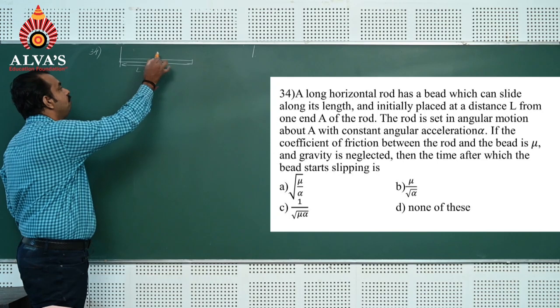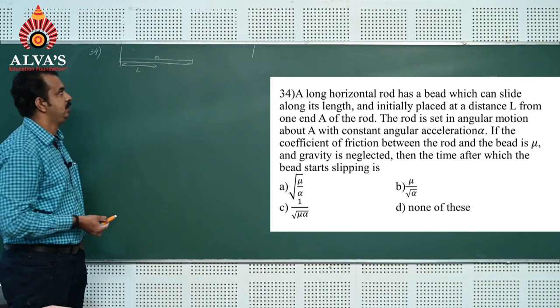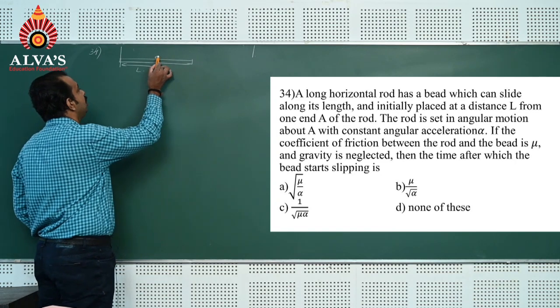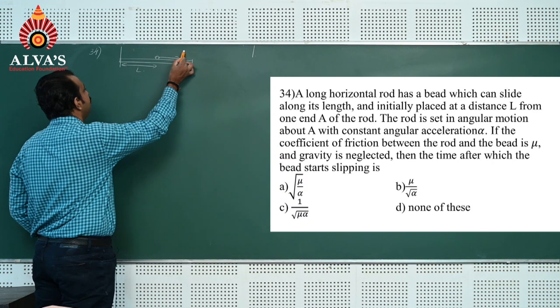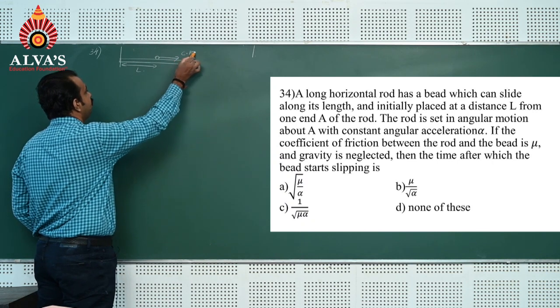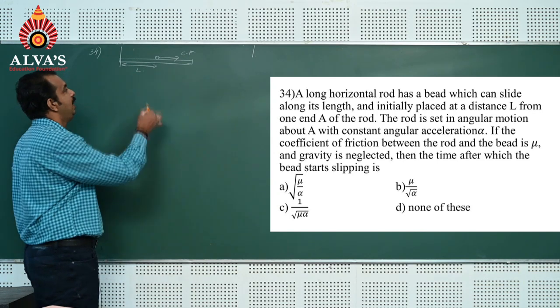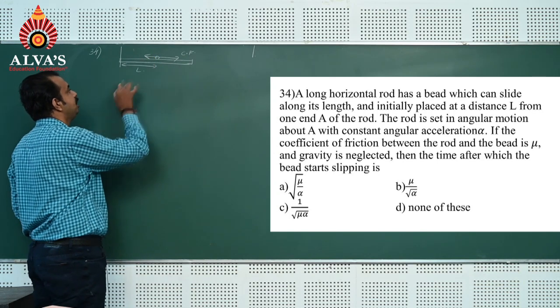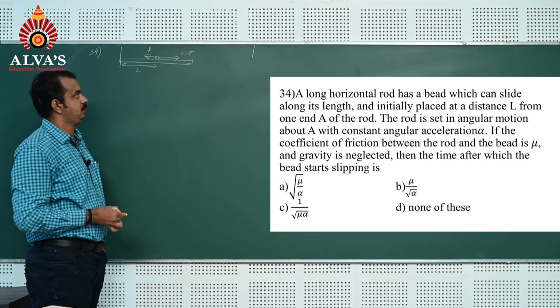When the angular velocity of the bead changes, the bead experiences two forces. One is centrifugal force, which is towards the right side. CF means centrifugal force. This centrifugal force is balanced by frictional force, which acts on the opposite side of the centrifugal force.